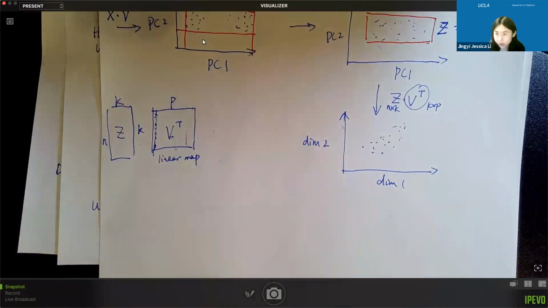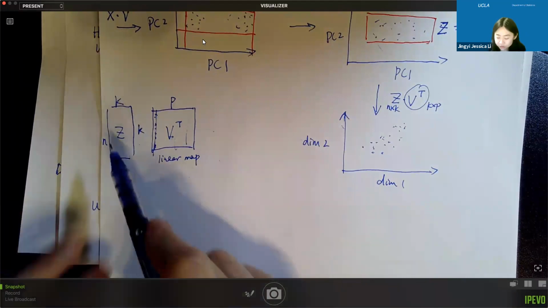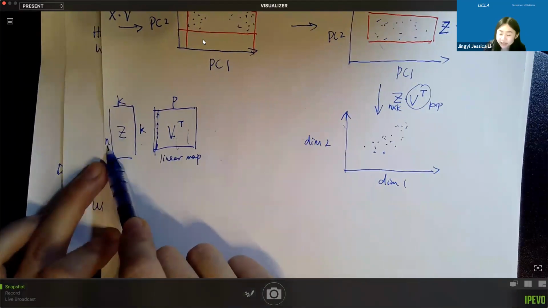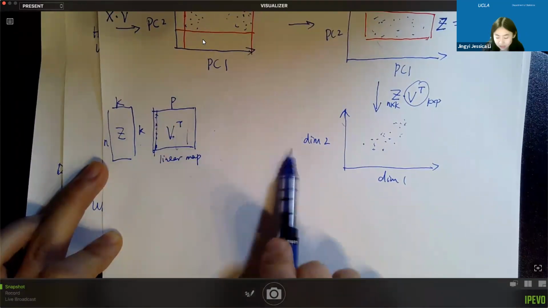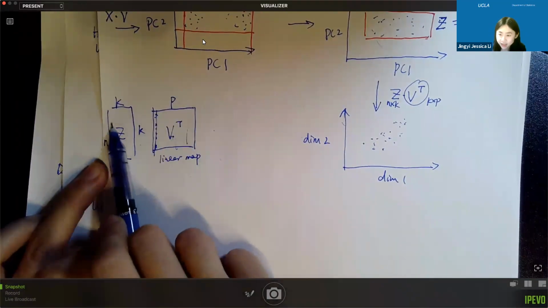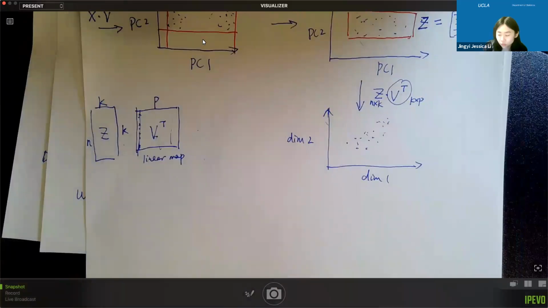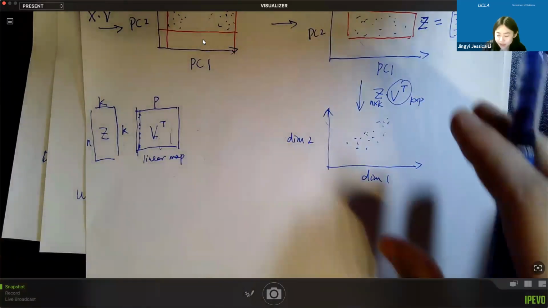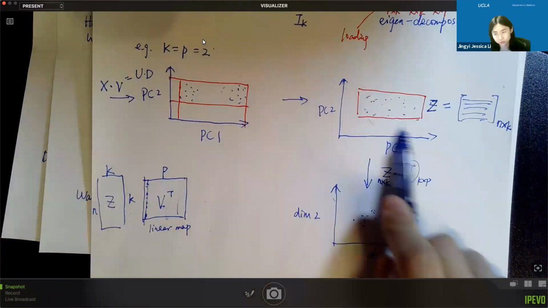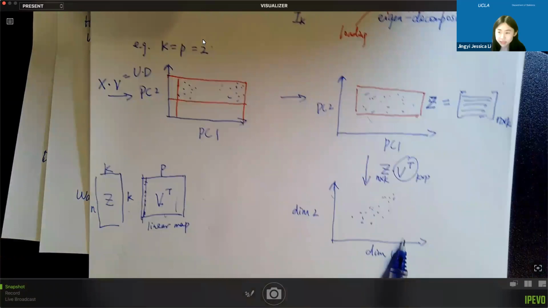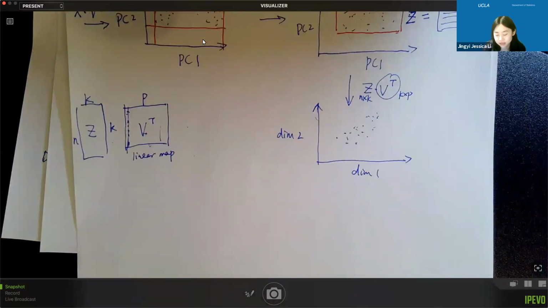So it's basically a transformation. After the transformation, you still have n points, but each point now has p coordinates in the new space, previously k coordinates in the old space. And we're using that property for mapping the space from the original space to the PC space and back to the original space. And this is very useful in bioinformatics because nowadays we analyze most data in matrix forms. So understanding this nature is very important.